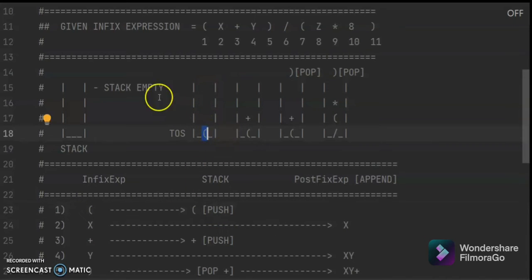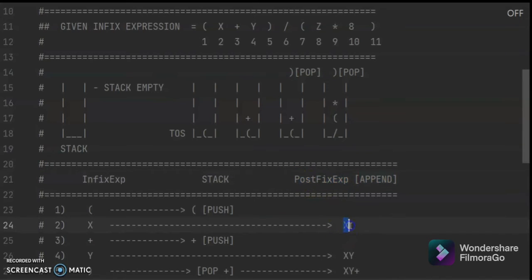Next we are taking the second element. What is the second element? x. If you find an operand, a variable, you are not pushing that to the stack, you are immediately appending, adding it to the postfix expression variable.